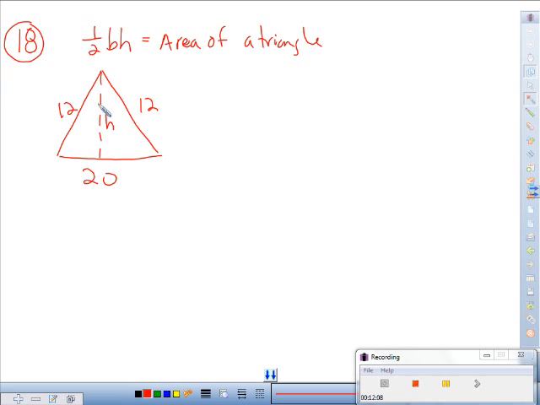So we have to figure out how to find the height here. And I left, well, an important piece of information. This is an isosceles triangle. I don't know if I spelled that right. I don't think I did. Good enough for now.